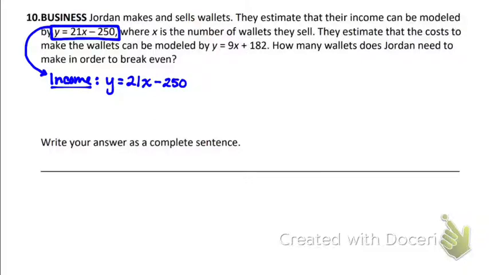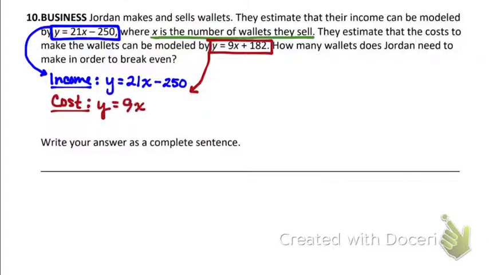It says that x is the number of wallets they sell. They estimate that the cost to make the wallets can be modeled by this equation right here. So I'm going to bring that down and write it down below. So their cost, y equals 9x plus 182.